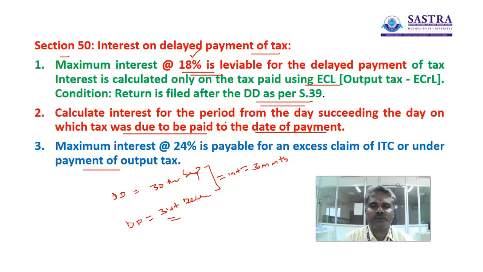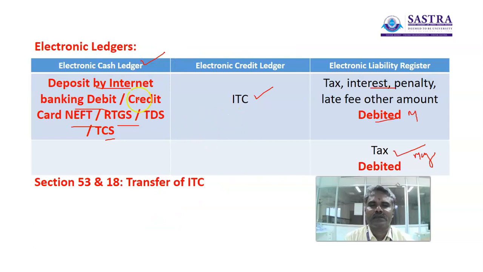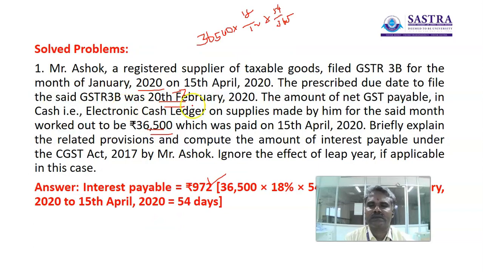But when you give false information regarding claiming excess ITC or short payment of tax, I mean underpayment of tax, here you have to pay 21% interest. They will charge 21% interest.